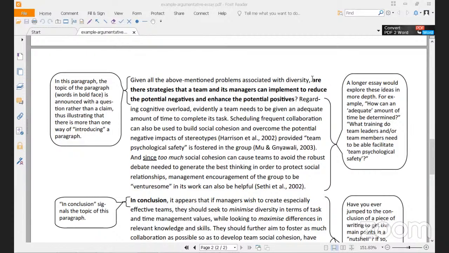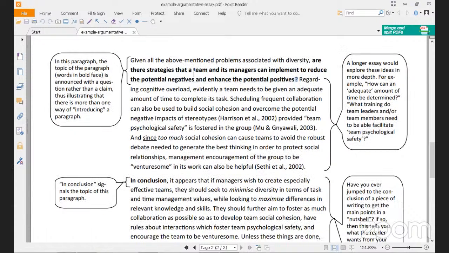So here we have again some bold words. Are the strategies that the team and its managers can implement to reduce the potential negatives and enhance the potential positives? It's a question. So you're questioning your argument, okay? And it's telling you here why.